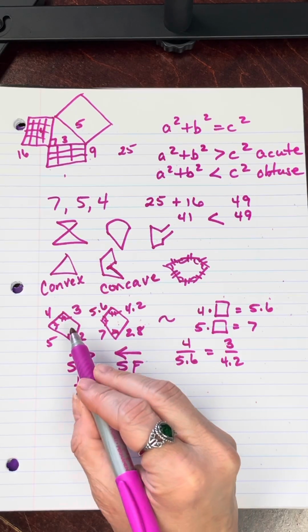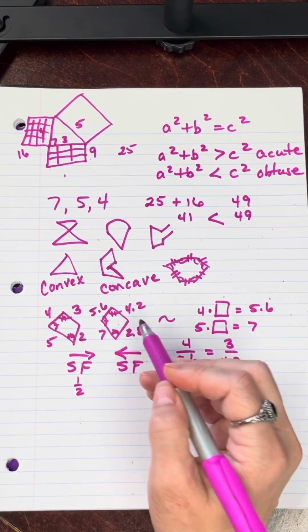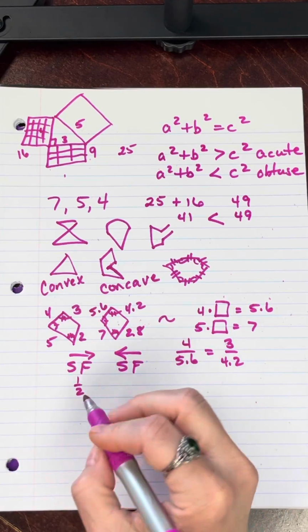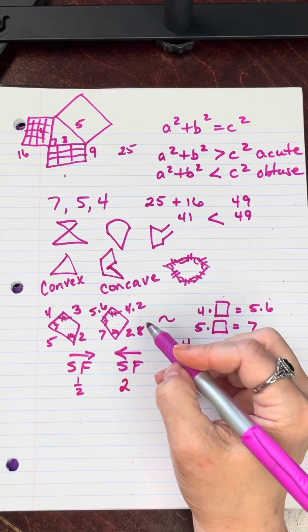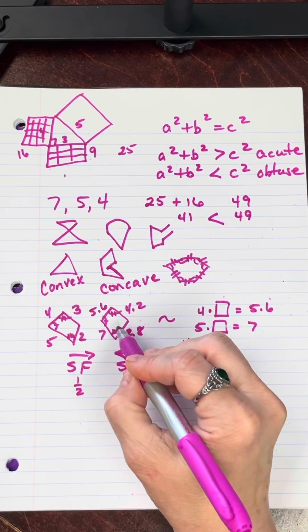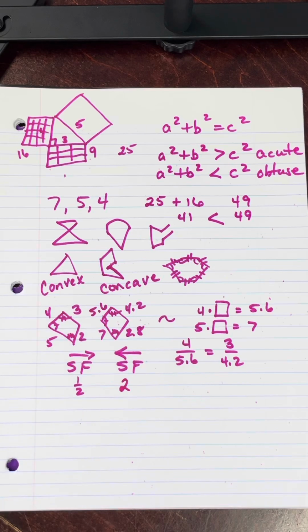And so I would take a larger number, multiply it by half, and get a smaller number to match on this side. When I'm doing scale factor the other way, it's basically flipping that fraction and making that scale factor 2. So if I take a smaller shape and I double it, I should get to the larger shape. So that's how that scale factor symbol works there.